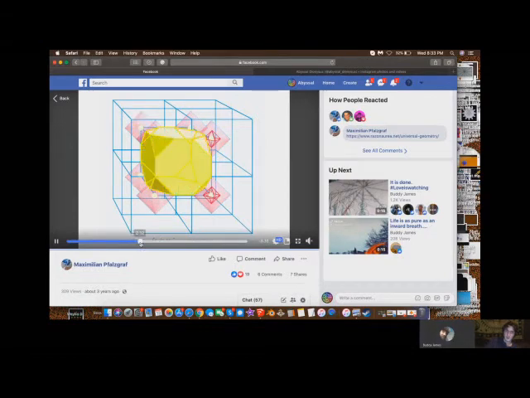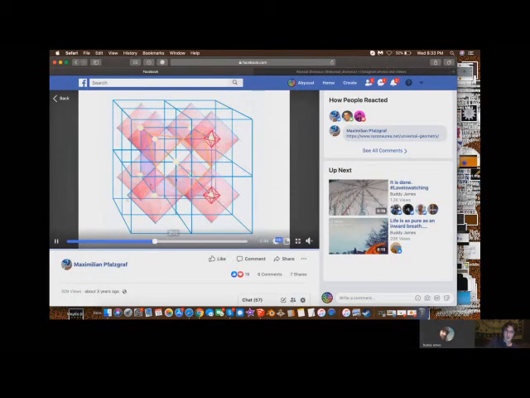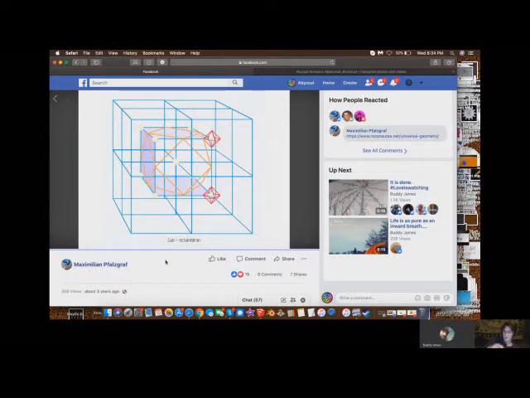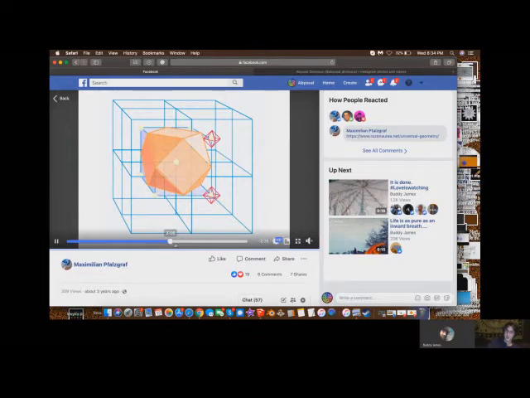And then he expands it further, and this is a cuboctahedron, which he's highlighting right now. Right there in the orange is the cuboctahedron, and the whole honeycomb is composed of cuboctahedrons and octahedrons, and it fills space. There's no gaps.